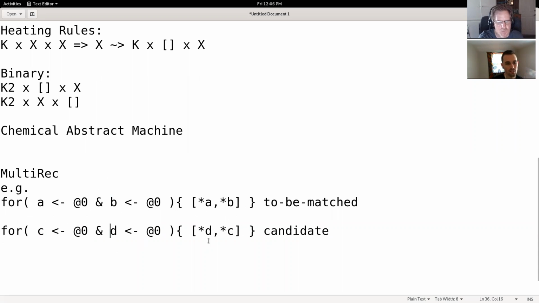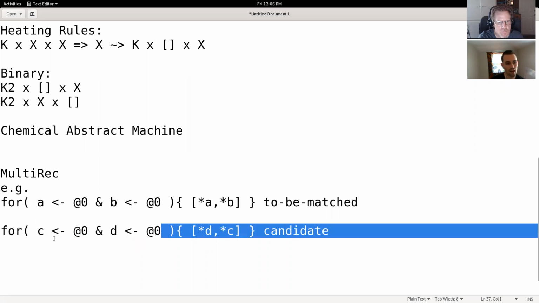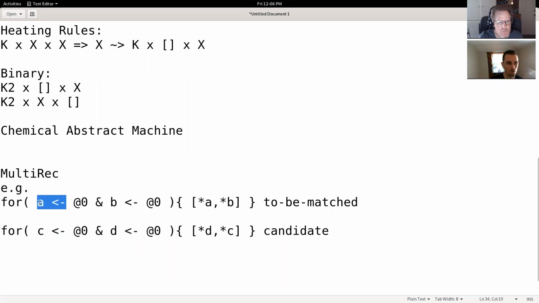So basically, given that I'm trying to match these two binds to these two binds, I want to generate something that gives me all of the possible matchings, essentially. And so the way that I've done it is I'm using some kind of nested sets.